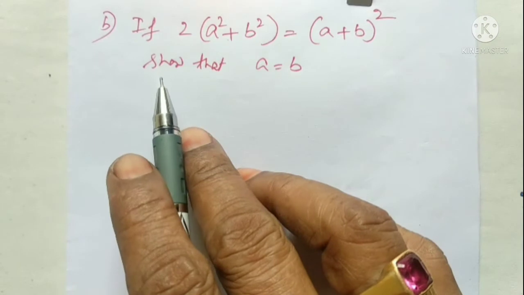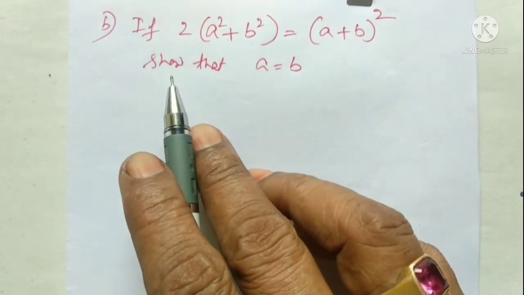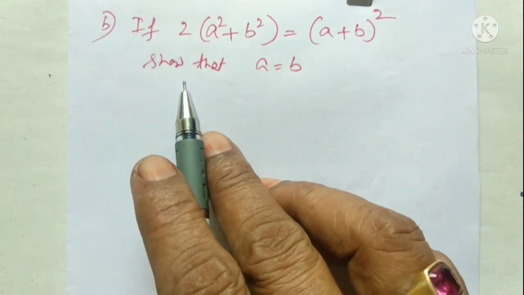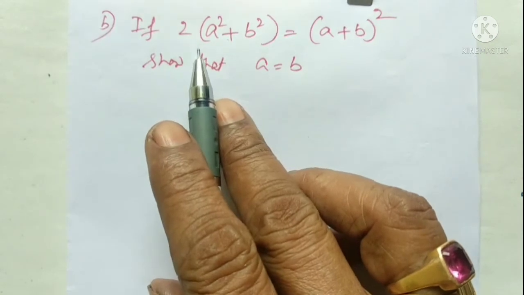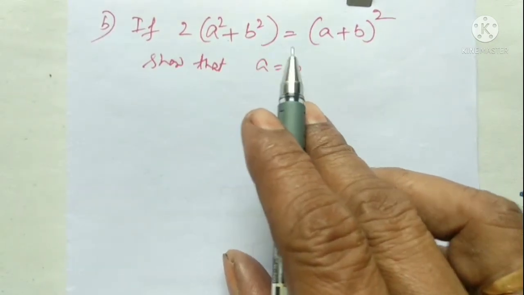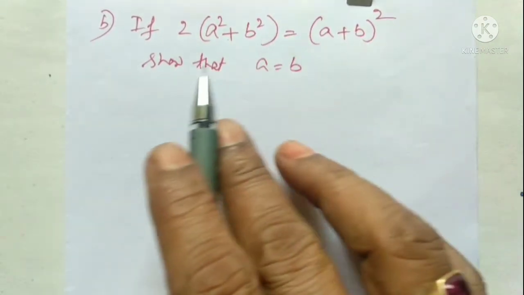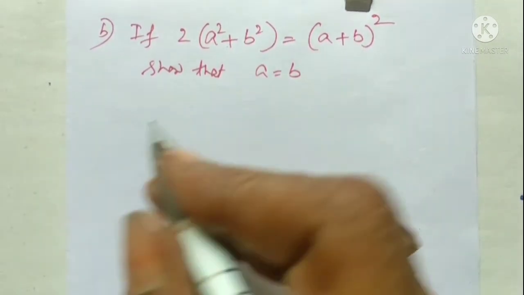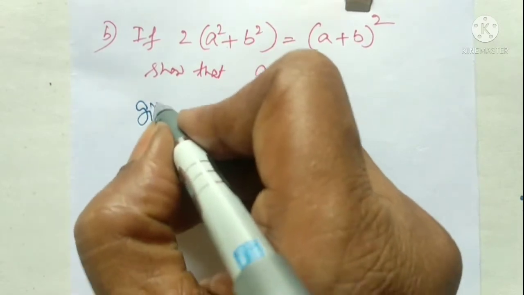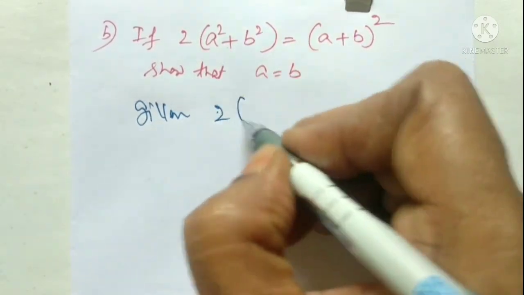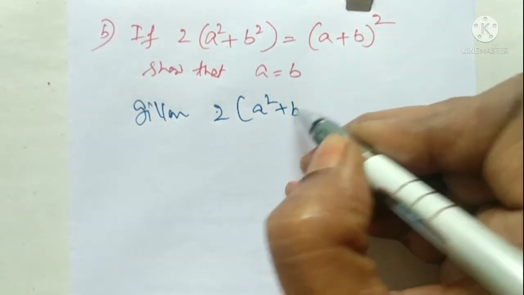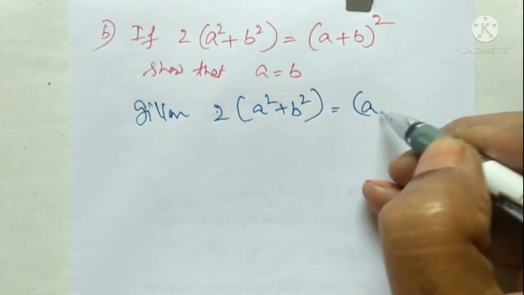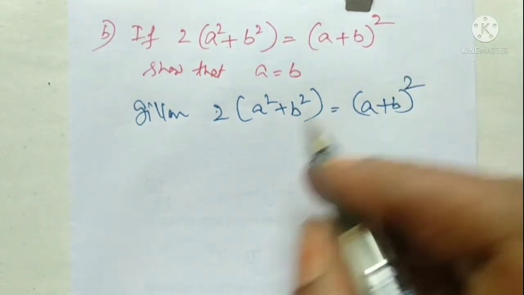Let us consider another example by using the algebraic identities. If 2 into a square plus b square is equal to a plus b whole square, then show that a is equal to b. So given that 2 into a square plus b square is equal to a plus b whole square.